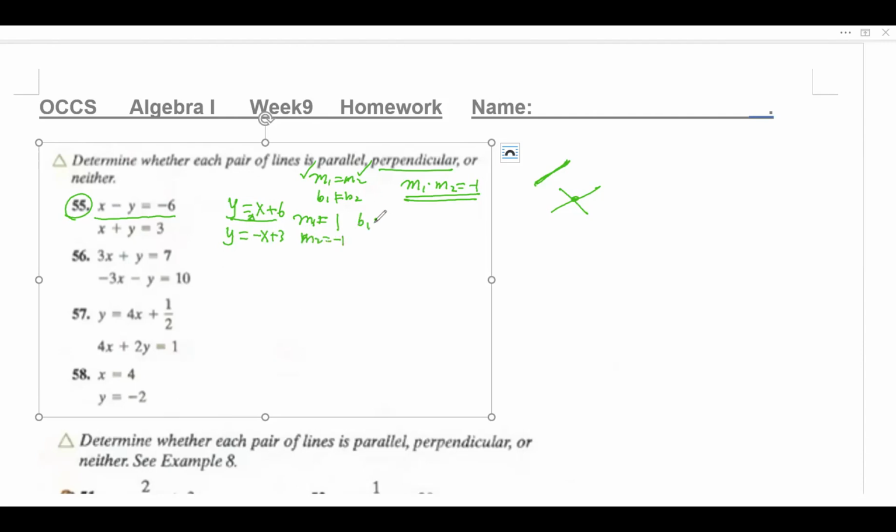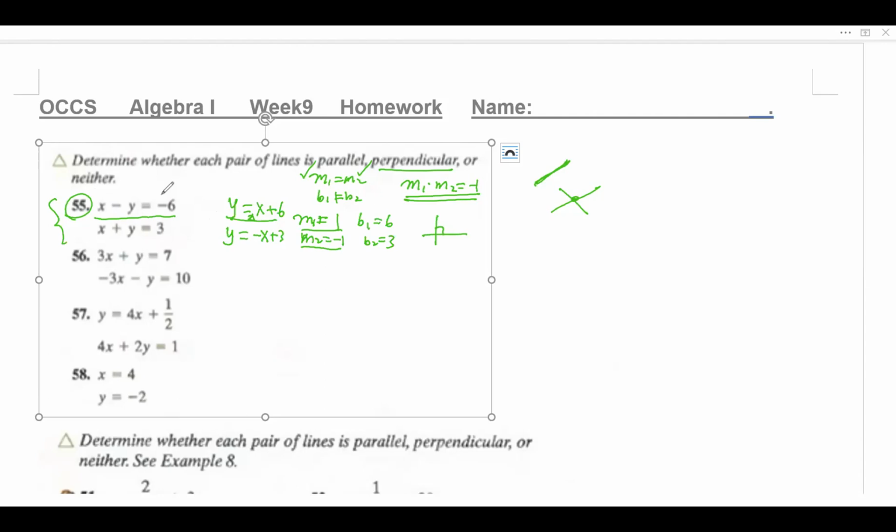So b1 equals 6, b2 equals 3, right? You can see slope 1 and slope 2 are different, so they are definitely not parallel or overlapping. And the product of these two is -1, so these two lines are perpendicular. You can graph this on the XY coordinate system to double confirm.